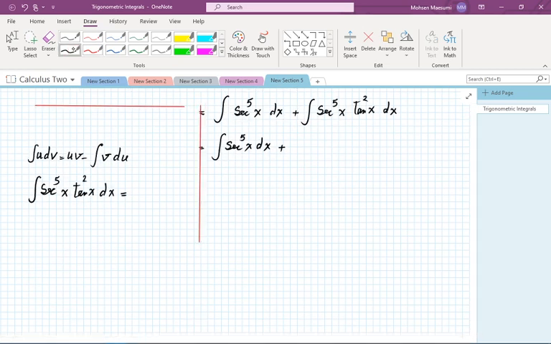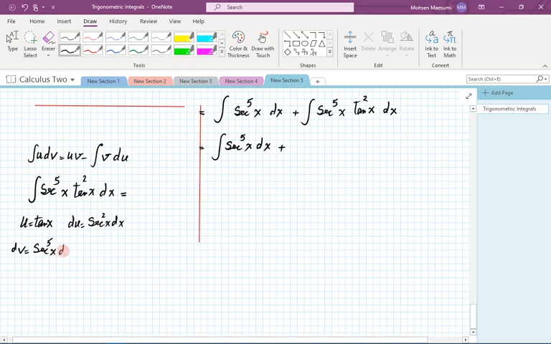So we said that we are going to take u to be tangent of x. So du is going to be, of course, secant square of x dx. Well, dv is supposed to be whatever is left, which in this case is secant to power of 5 of x dx. Now question is, what is v?